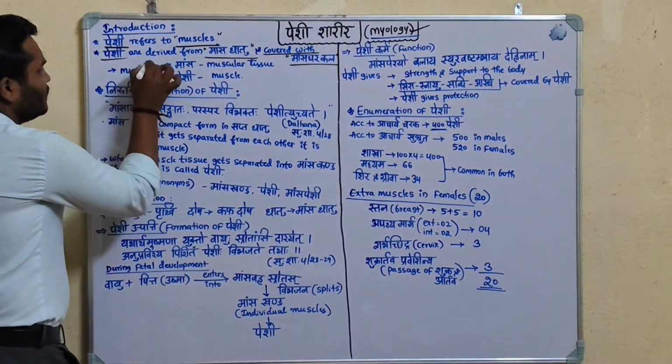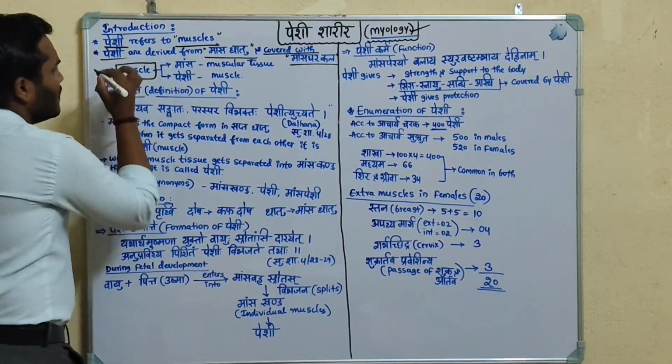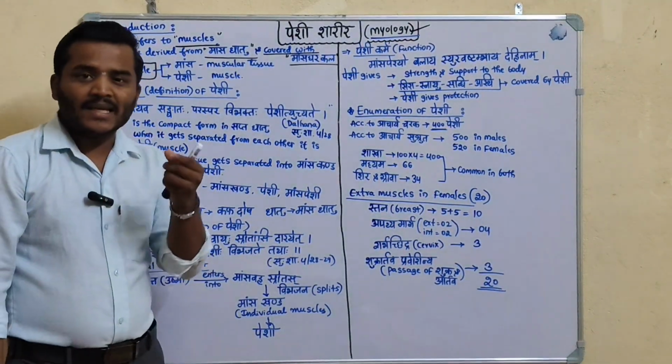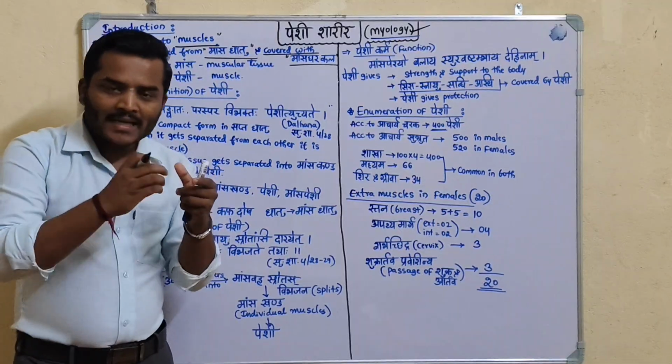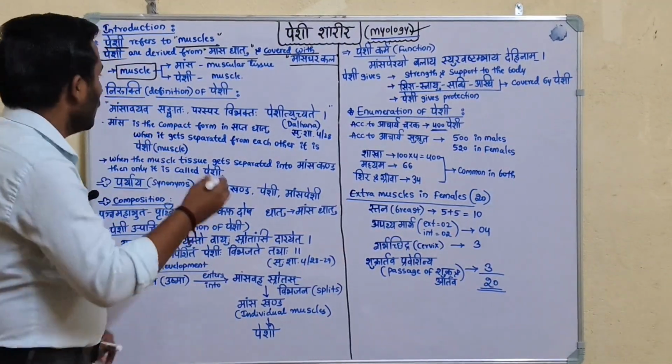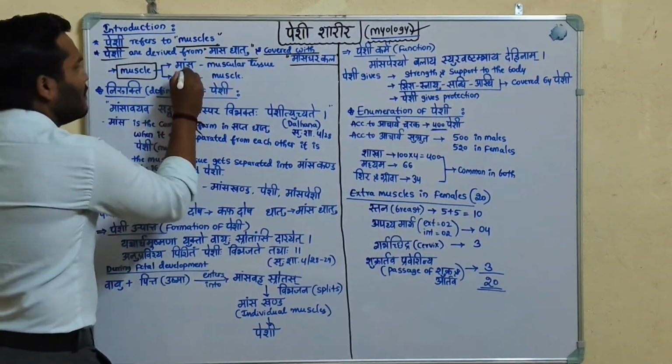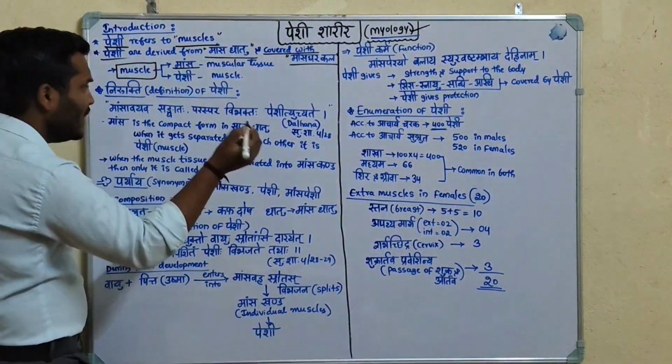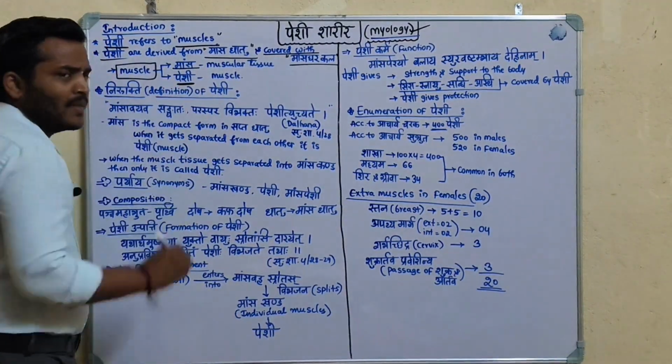Here, the word muscle in Ayurveda, we can consider as having two meanings. One meaning is muscle means mamsa, and another meaning is muscle means peshi.